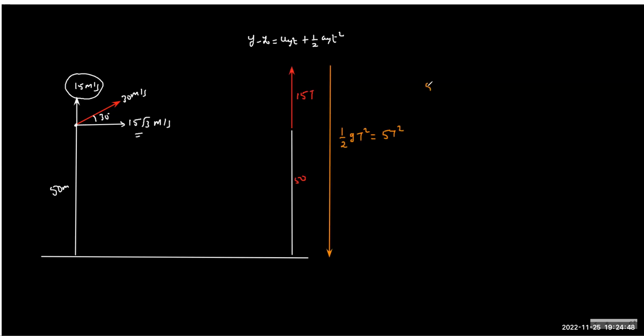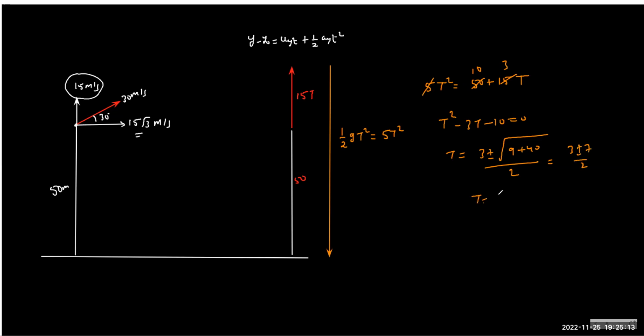So 5t square is actually 50 plus 15t. t equals 5, 10, 3. So simple. No need to mug up the formula. Just do it by common sense.